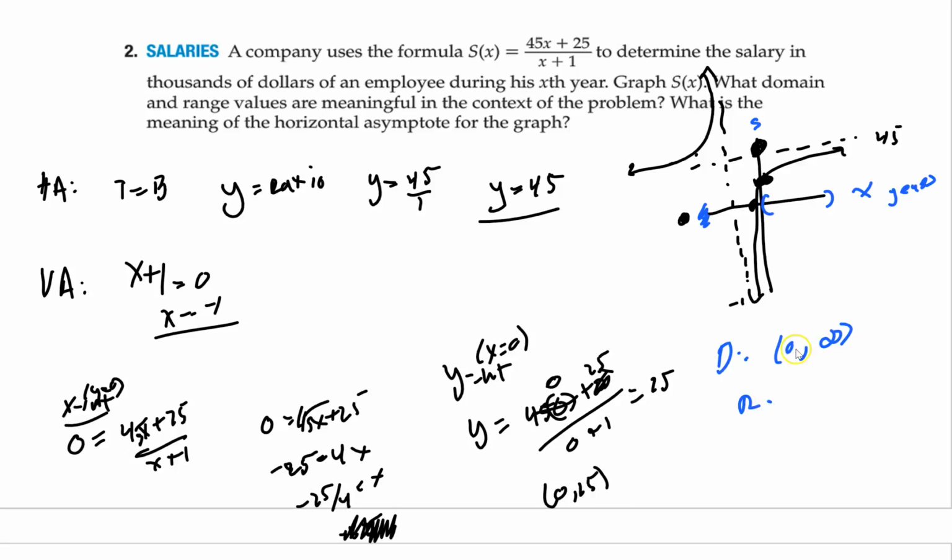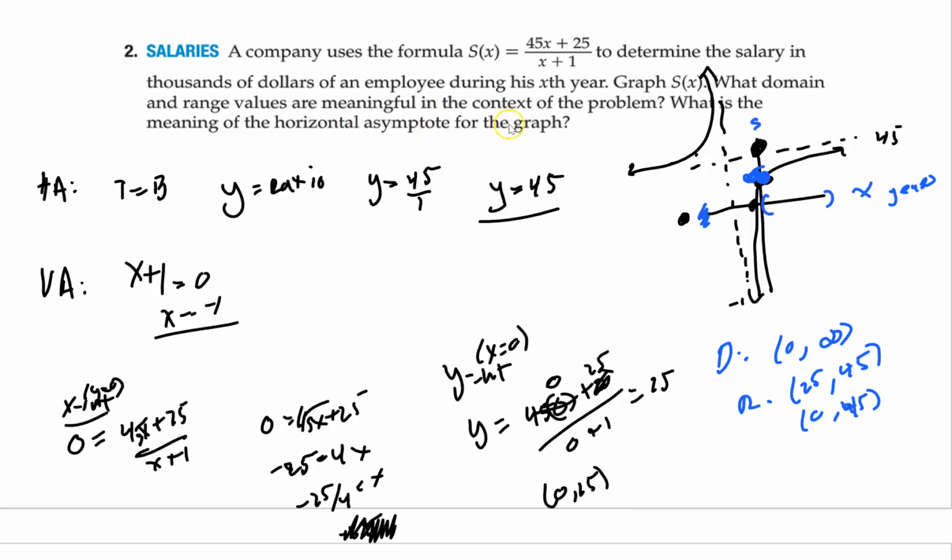And for range values, you're not going to have negative salary. I didn't really care where it starts, which is 25, my y-intercept. So 25 to 45. I'd also accept 0 to 45. There's a horizontal asymptote right there we can't go past. We could hit it, but we're not going to go past.